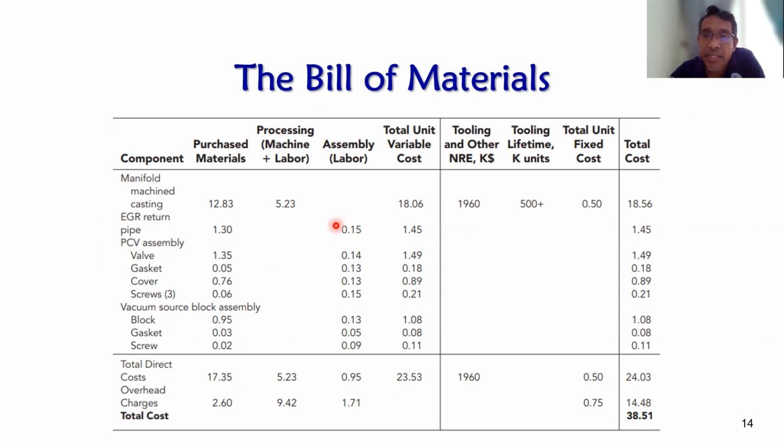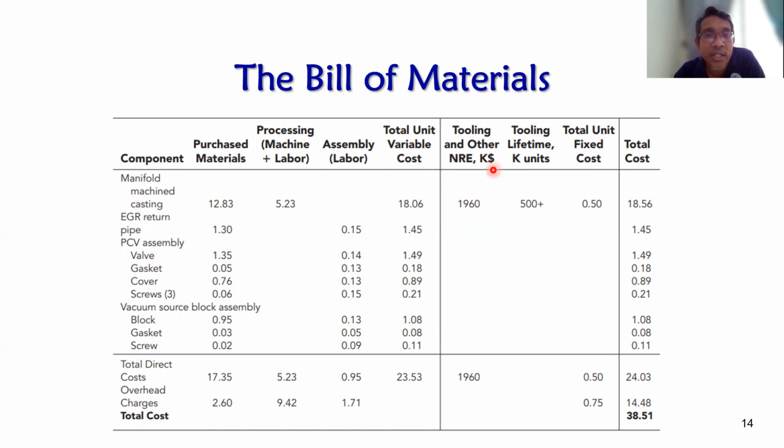In this BOM they also divide into two columns: the column for variable cost and then fixed cost. To produce the machined part from the casting, they also use fixed cost.